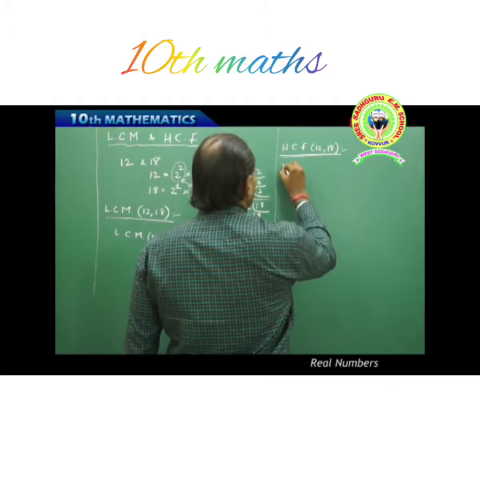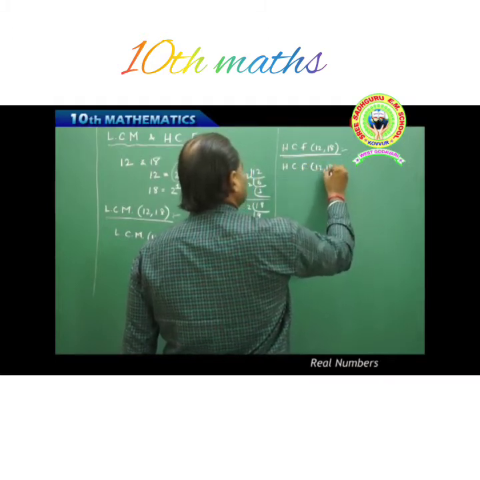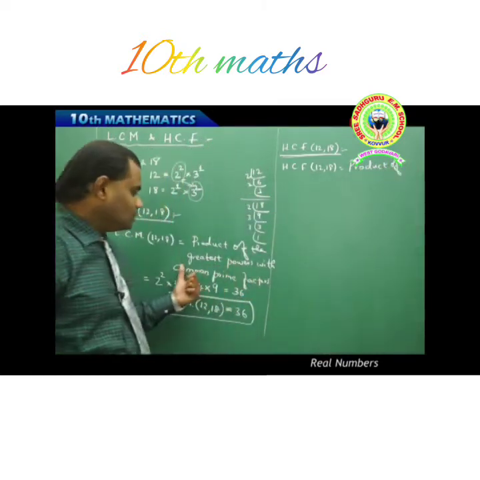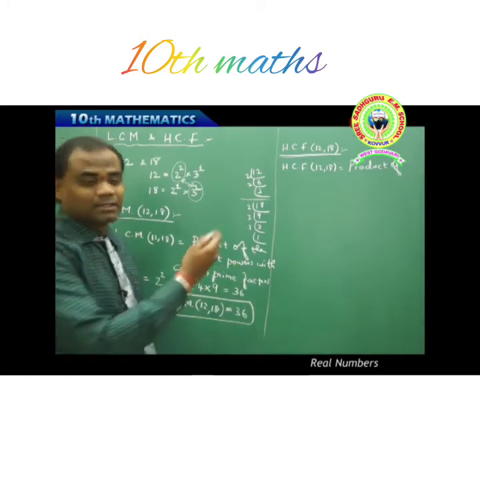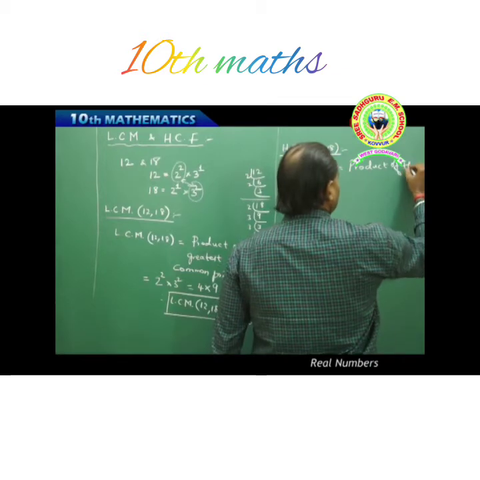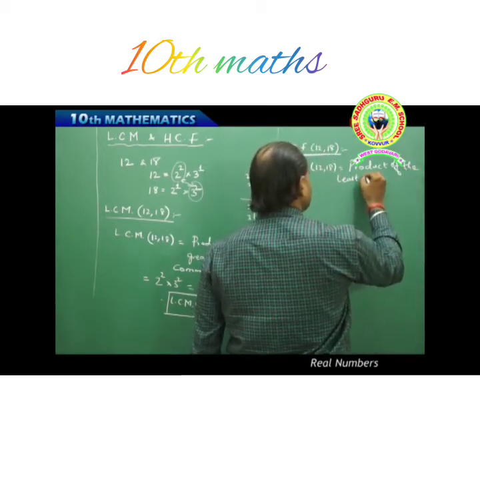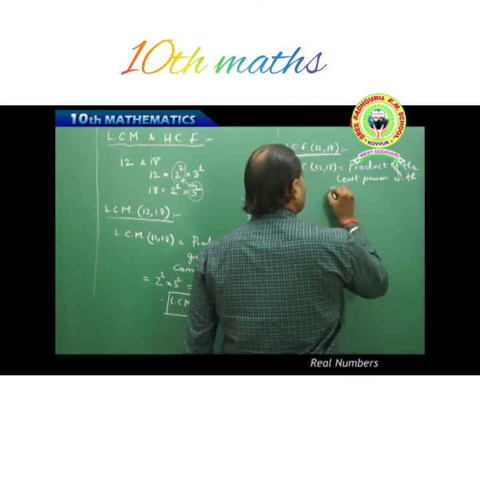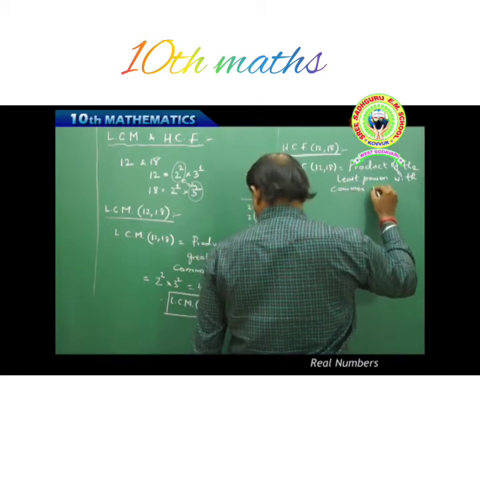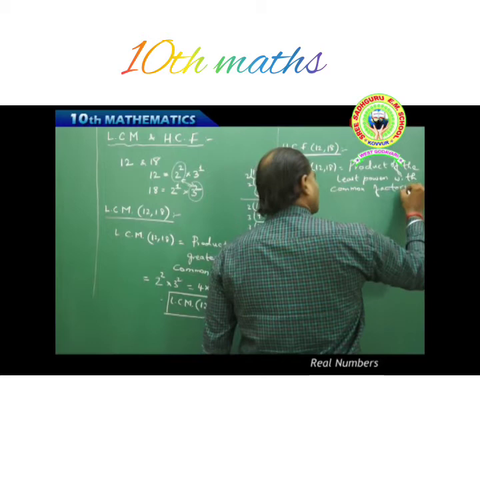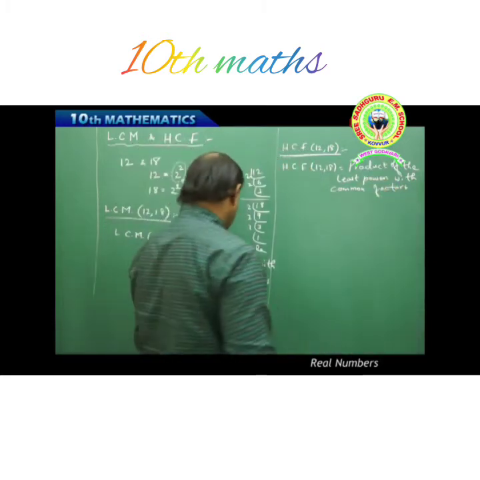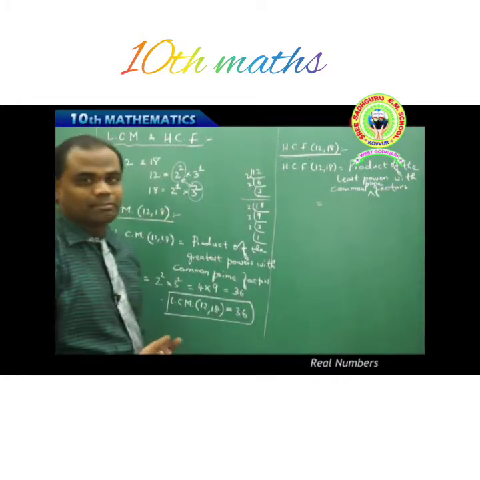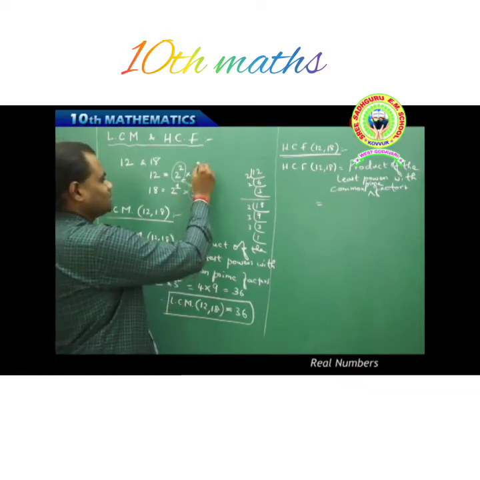The HCF of 12 and 18 is identified as the product of the least powers, as opposed to the greatest powers, with common prime factors.